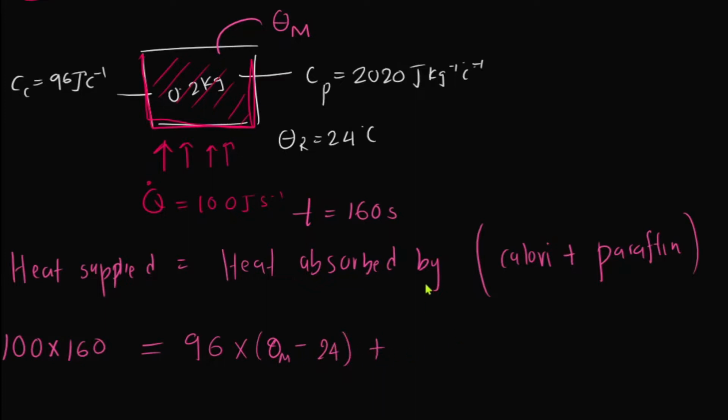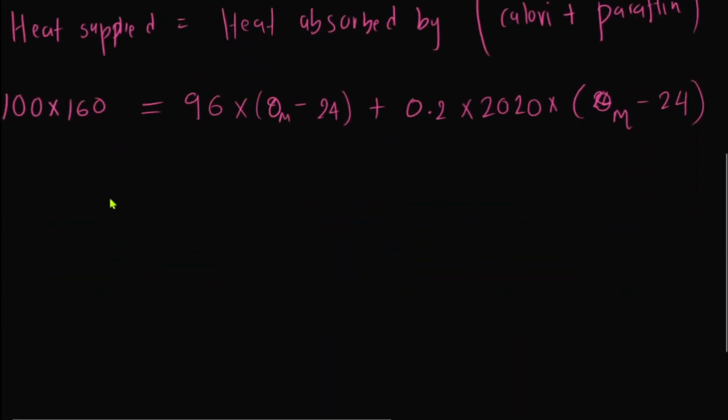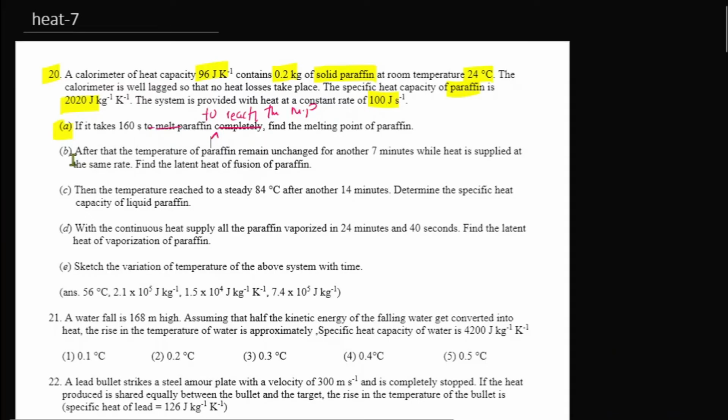The mass of the paraffin is 0.2, its specific heat capacity is 20, and it increases its temperature from 24 to the melting point, theta m minus 24. If you simplify this, you get theta m to be 56 degrees. So this is going to be the answer, 56 degrees.